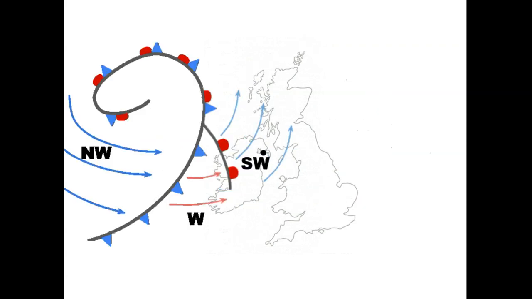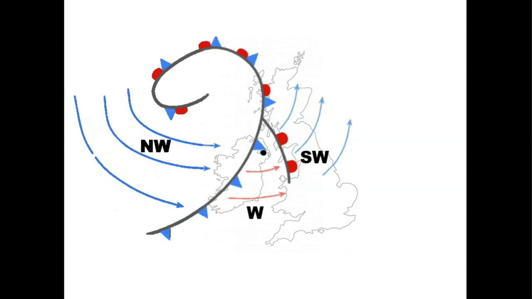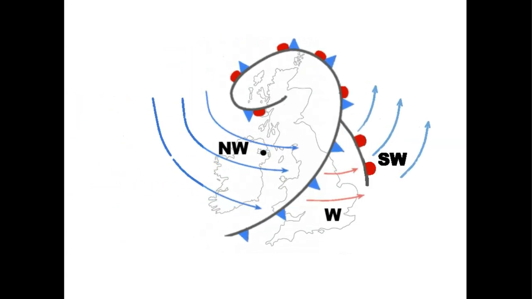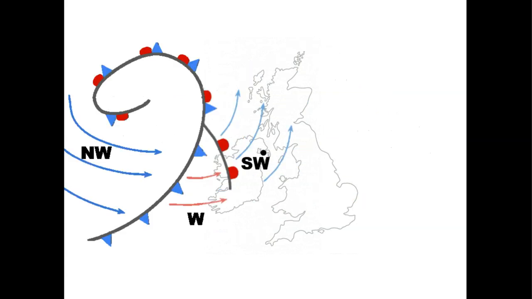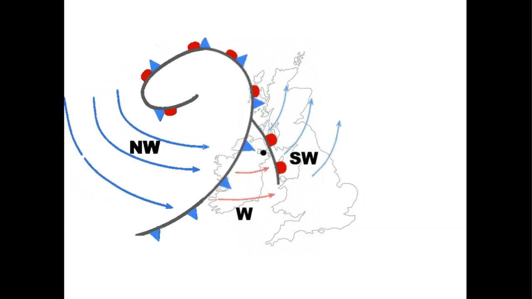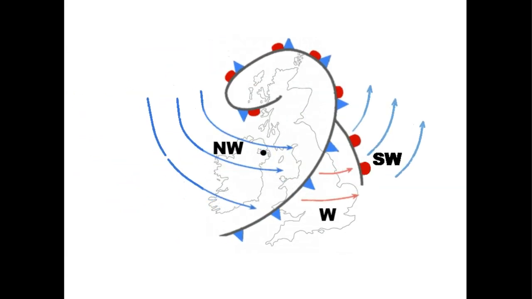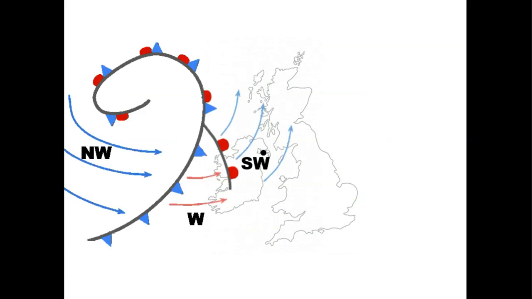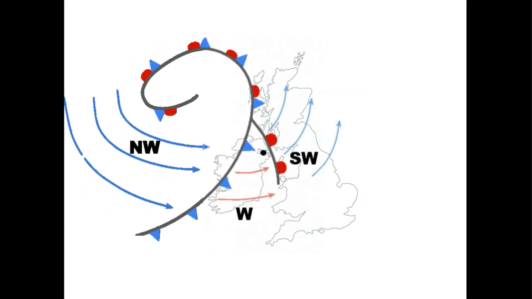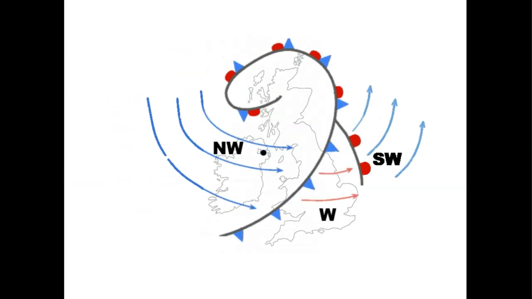That's anti-clockwise circulation, which means as the depression passes over, the wind direction changes depending on which part of the depression we're in. Southwest, west, and then northwest. So when we're ahead of the warm front, it's southwest. The warm sector, it's west. And after the cold front, it's northwest.